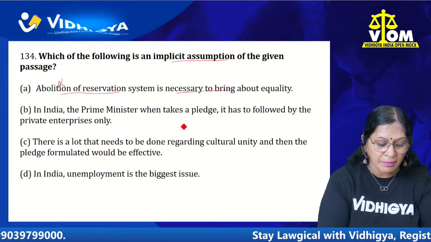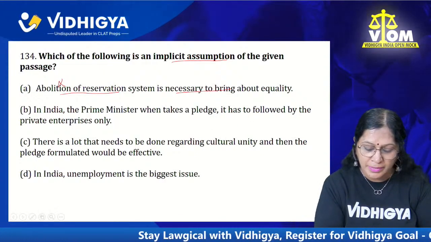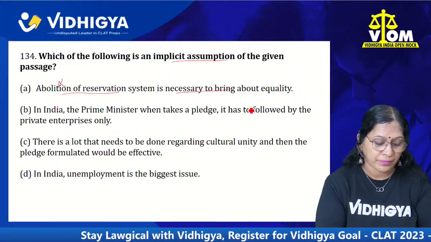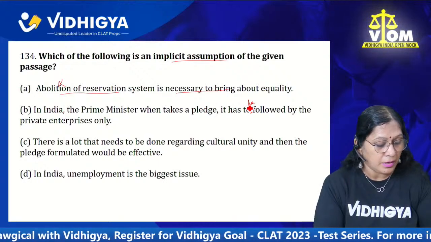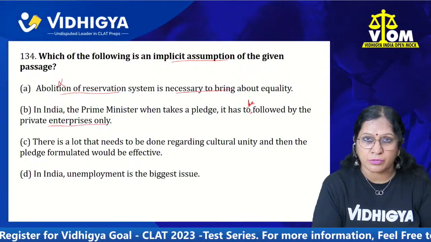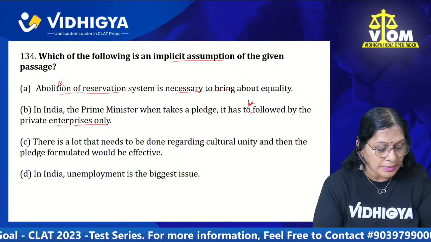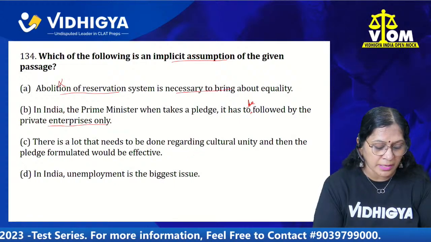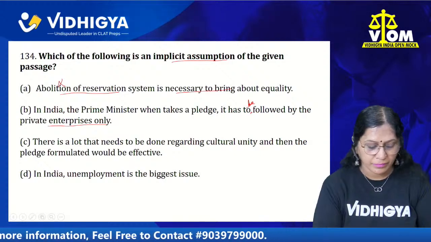In India, the Prime Minister, when takes a pledge, it has to be followed by the private enterprises only. So only the private enterprises or the others also. There is a lot that needs to be done regarding cultural unity, and then the pledge formulated would be effective.